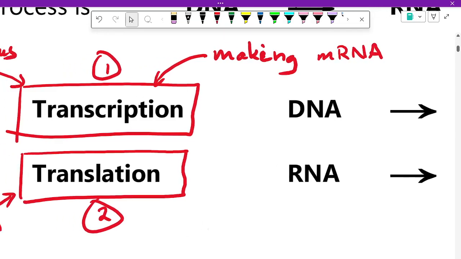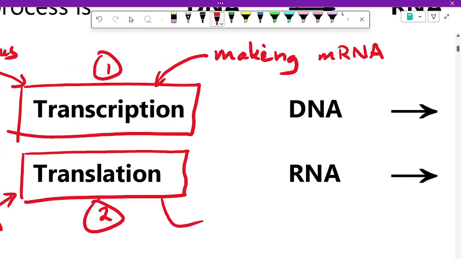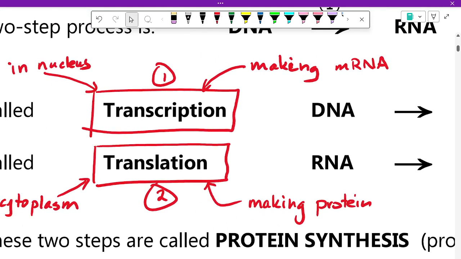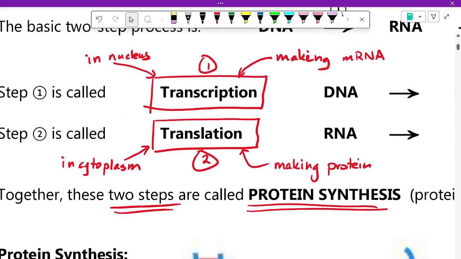What are we making during translation? We're making the protein. The two steps together are called protein synthesis.